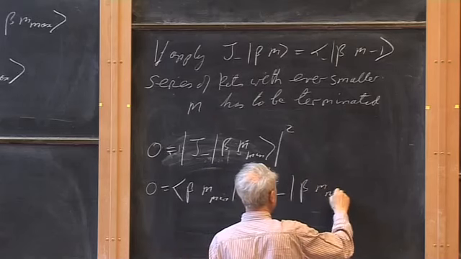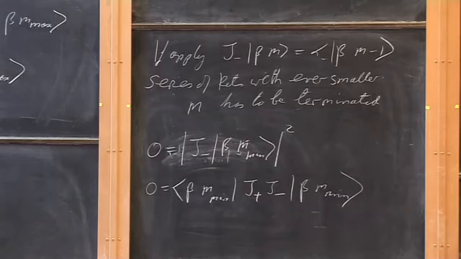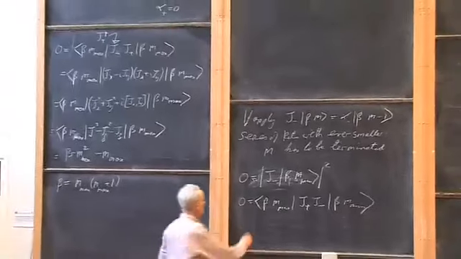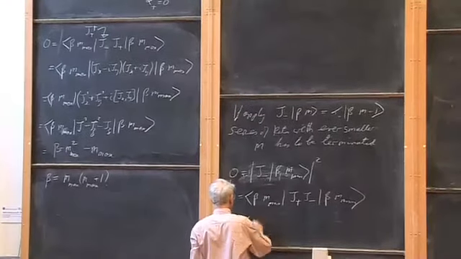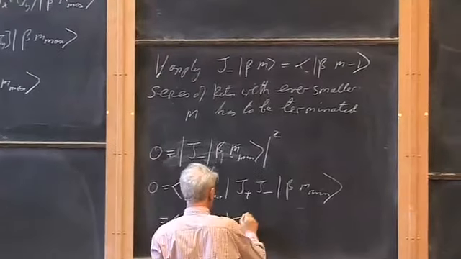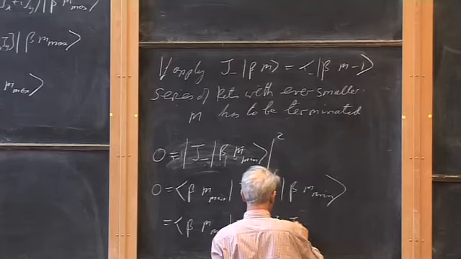That's awfully similar to what we had here, where we had a J minus J plus. So you can see that it's going to produce the same stuff, except that the sign of the commutator is going to be different. Otherwise, everything will be the same. So this is going to be nothing, is going to be beta M min, J squared minus Jz squared plus Jz.